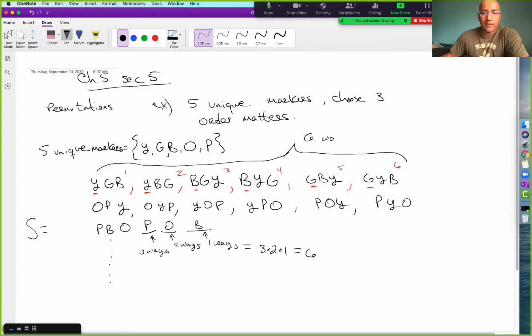6 ways to completely rearrange three unique colors.